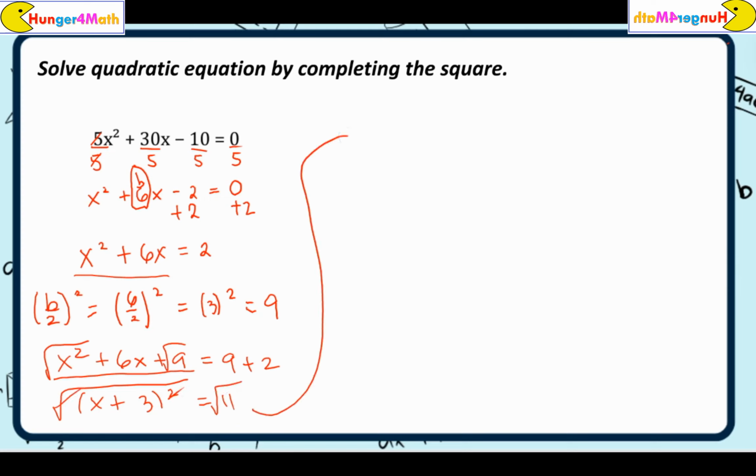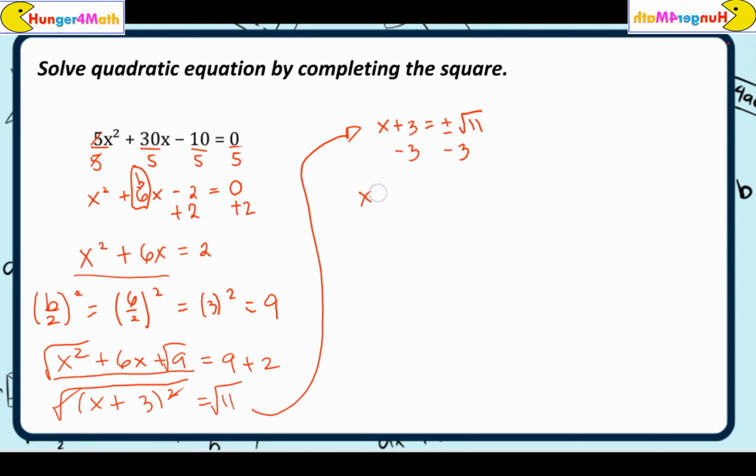So let's continue here. Now it will be x plus 3 is equal to plus or minus the square root of 11. Now since 11 is not a perfect square, I'll let it be as the square root of 11. Now we're going to subtract 3 from both sides of the equation.